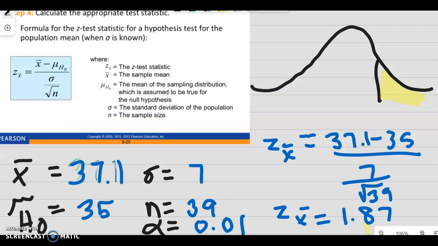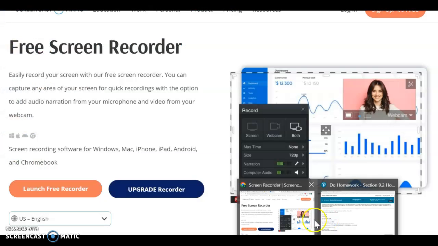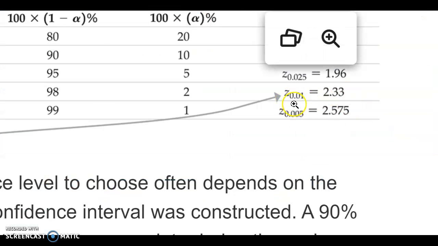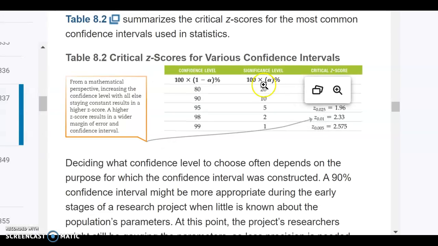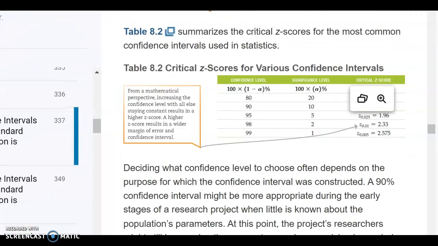Now we need to do our critical z-score. This is a one-tailed test, and alpha is 0.01. So if we go to our page in our book or in your PowerPoint, I think it's chapter 8, for 0.01, our critical value is 2.33. This is on page 344 in the textbook.